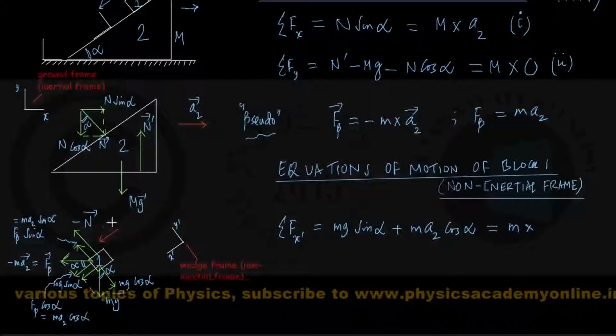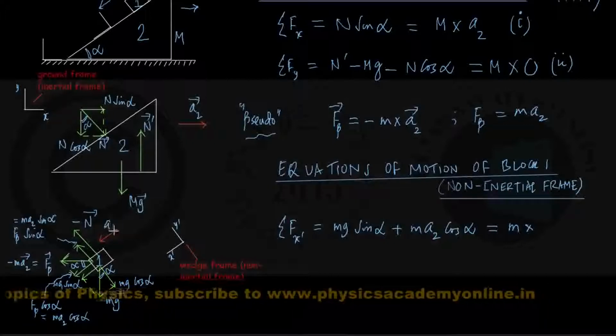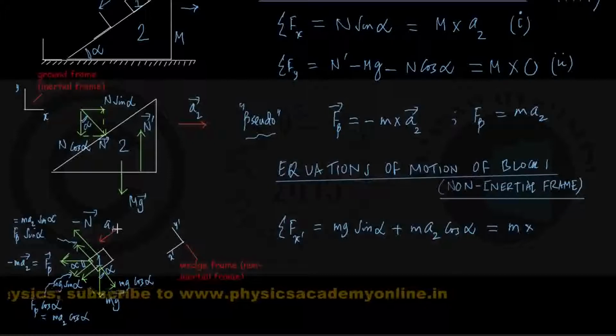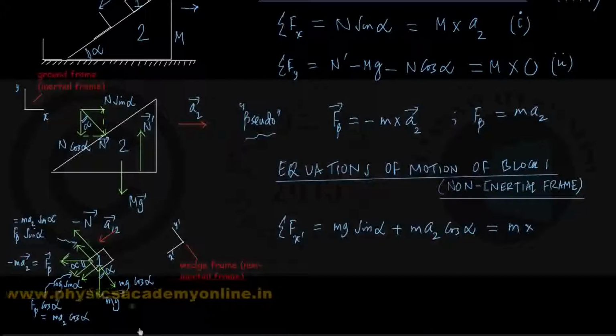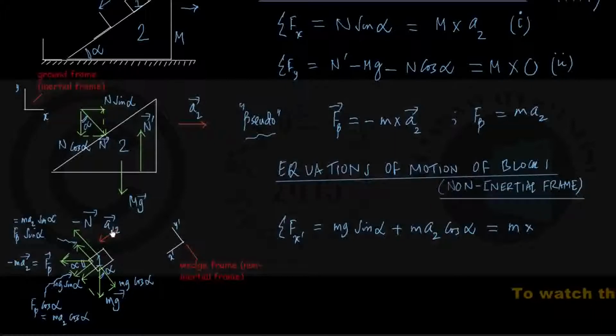Look at the symbol carefully. This is the acceleration of block 1 with respect to the wedge 2. This is a new symbol for you, so just see it carefully. I've taken a previous session on relative velocity and acceleration, and I told you there that if the notation is like this, it is read as acceleration of block 1 with respect to the wedge 2.